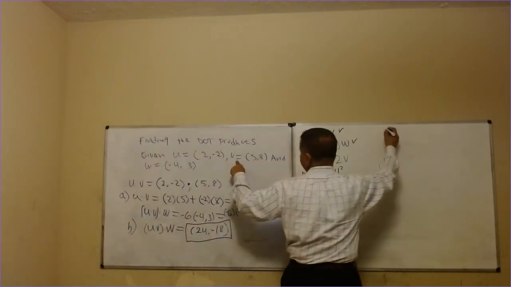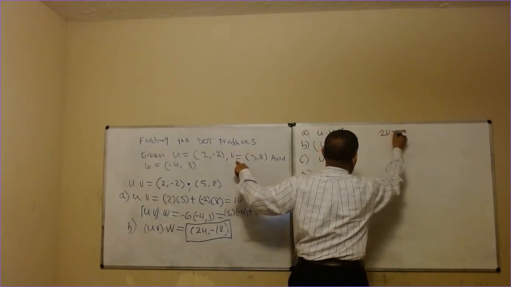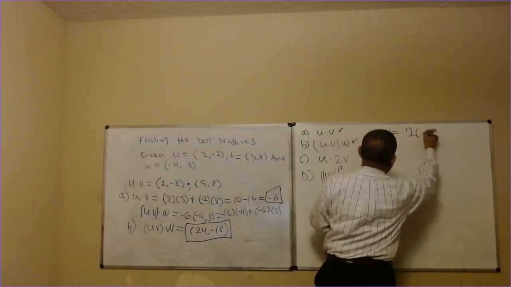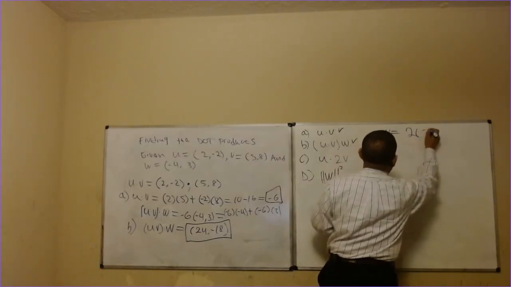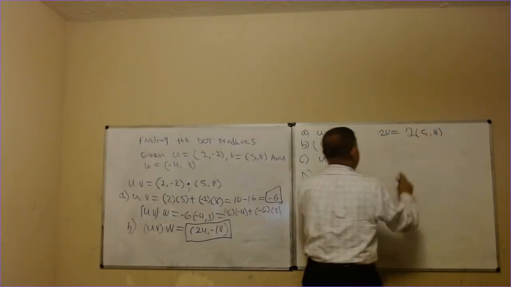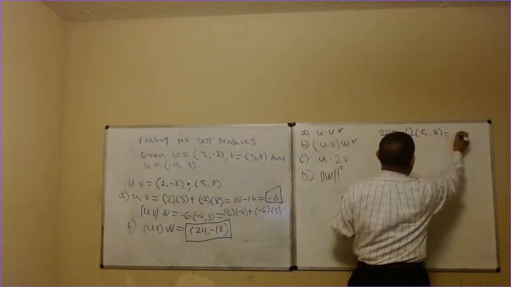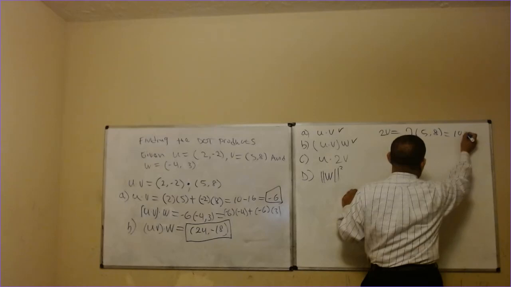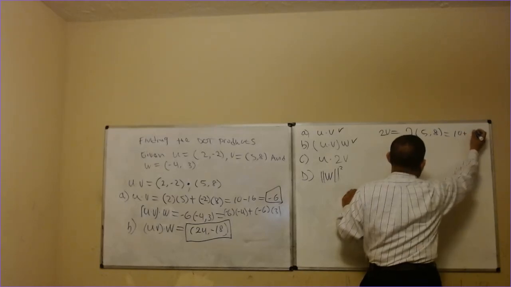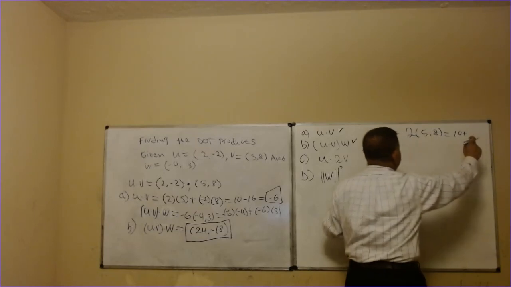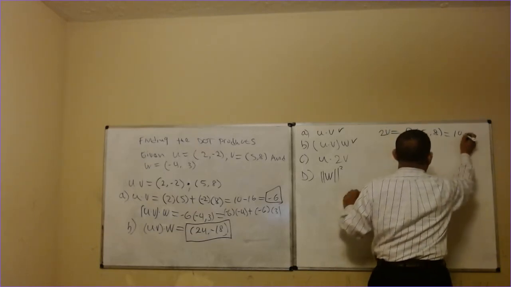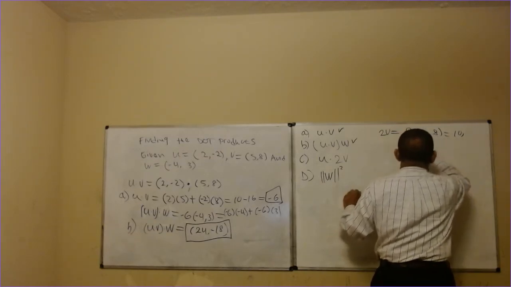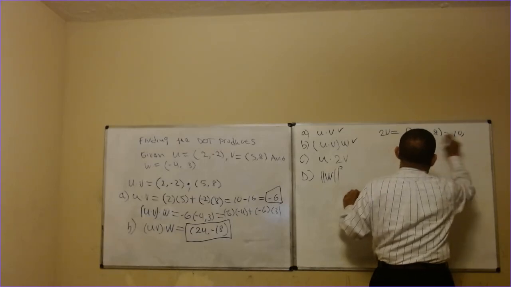They want us to do 2 times v, which is 2 times 5, comma 8. 2 times 5 is 10. 2 times 8 is 16.